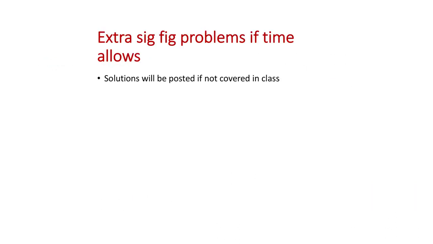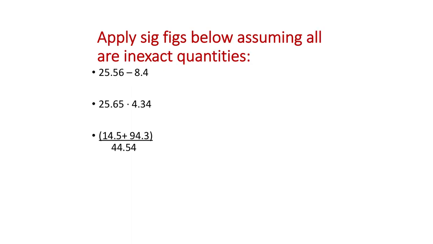Here are some extra sig fig problems. Let's look at these. 25.56 minus 8.4. Addition and subtraction problems are much easier if we line them up with the decimal point.